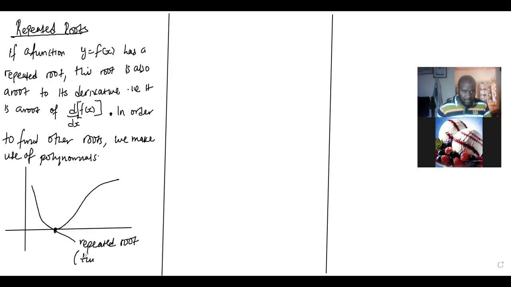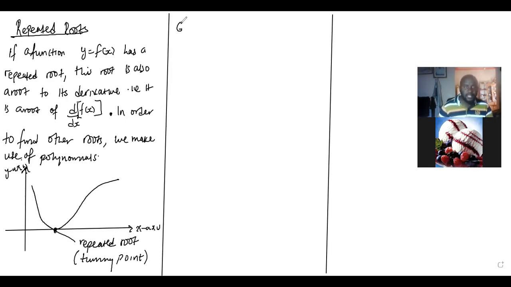Then this one becomes what we call a turning point. So we shall see what a turning point implies when we look at differentiation.